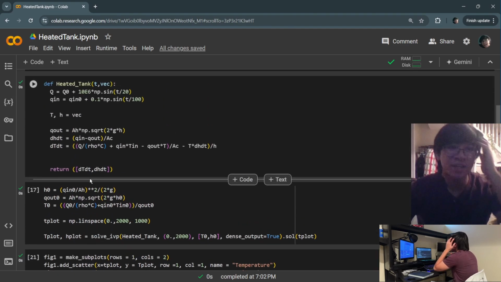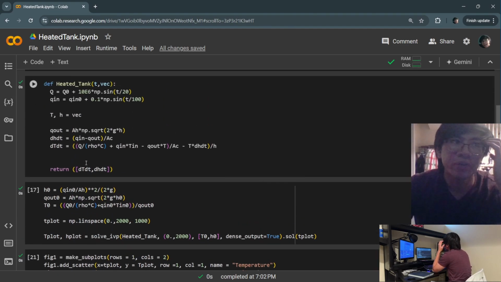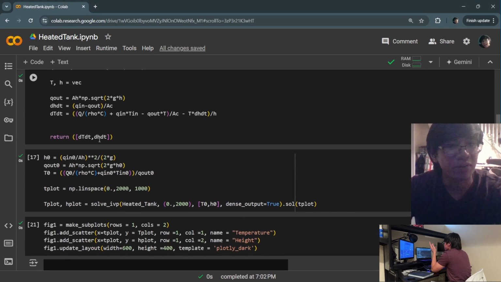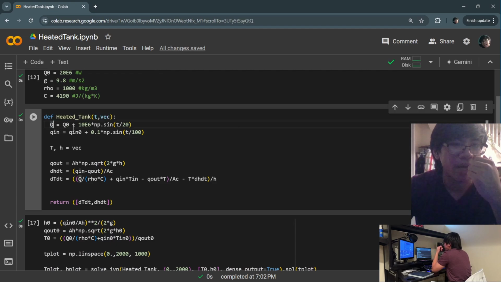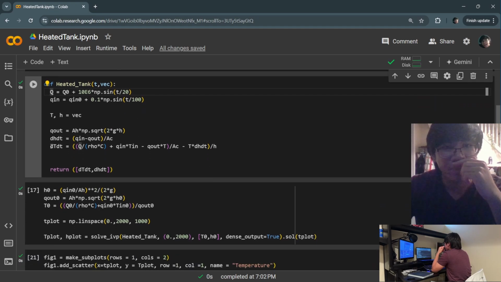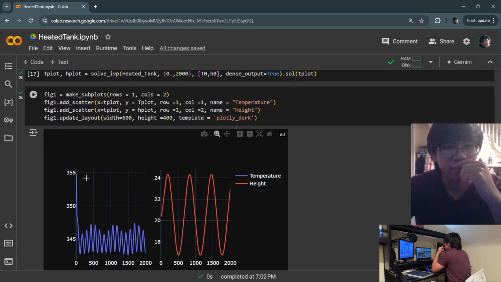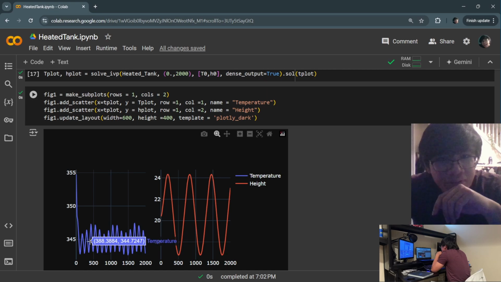Even though we don't have an oscillating function for temperature, it's still oscillating because of our changes in volumetric flow rate and the heating component from the heating coil. Those are included in our function dT, the derivative of temperature with respect to time. You see that oscillation. It's a cool little pattern there.